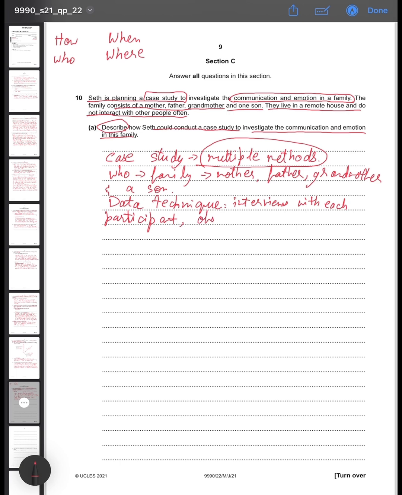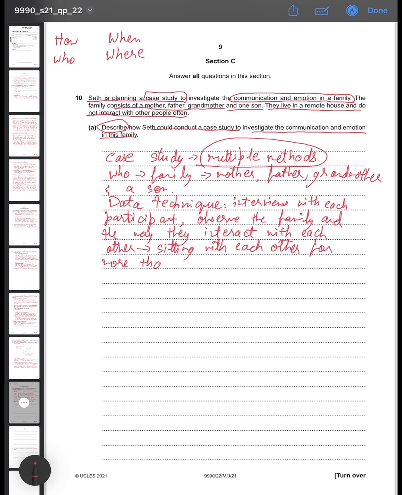and he can observe the family and the way they interact with each other, and for that he can have categories of behavior such as sitting with each other or spending time with each other, sitting with each other for more than 15 minutes, that can be counted as spending time with each other.